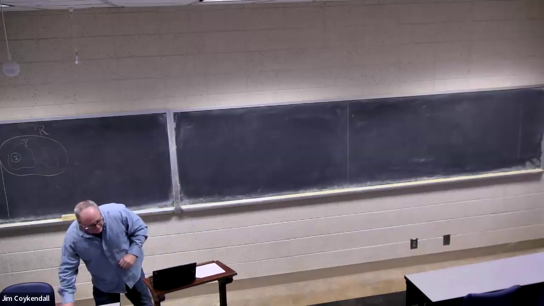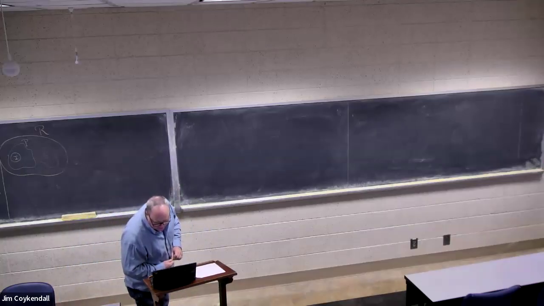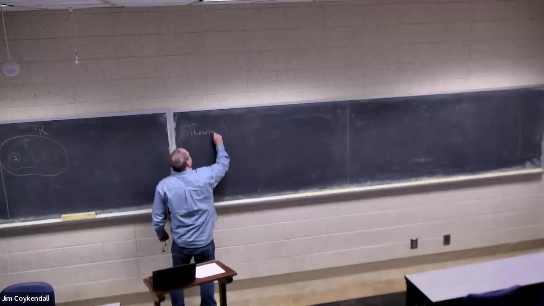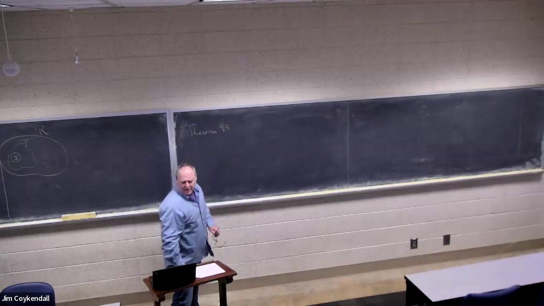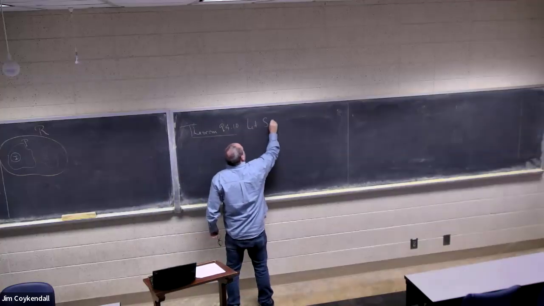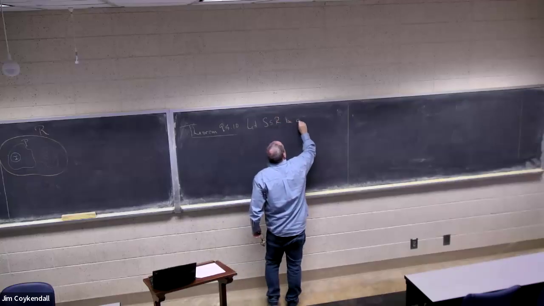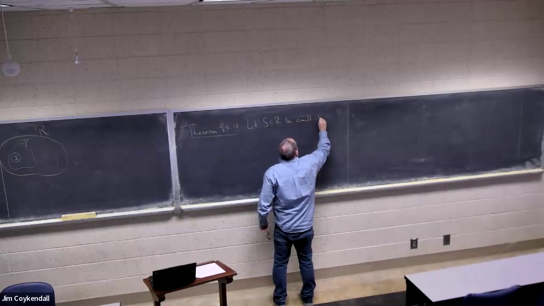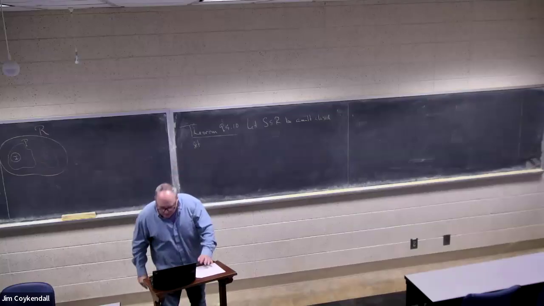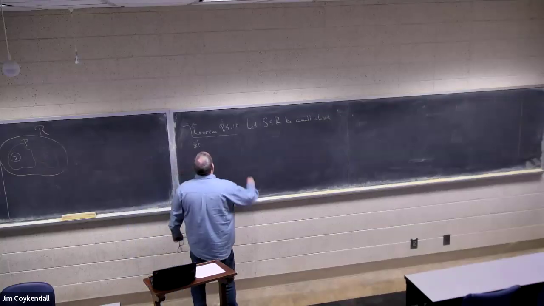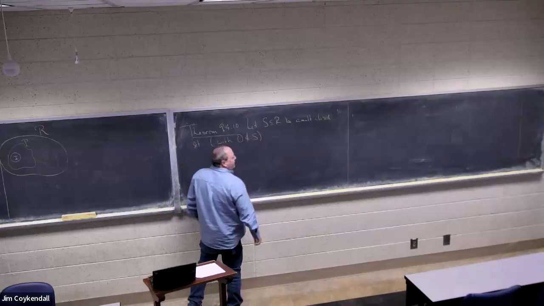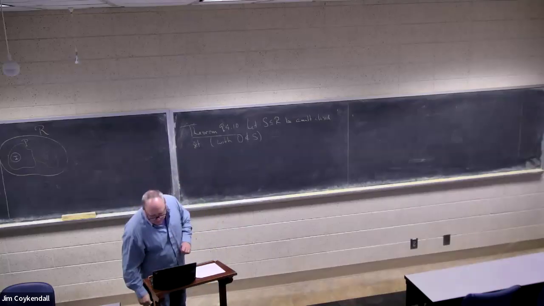So here is a nice characterization of saturated multiplicatively closed sets. This is a rather famous result. Let S be a multiplicatively closed set in R, and I want to make sure that zero is not in this particular set.